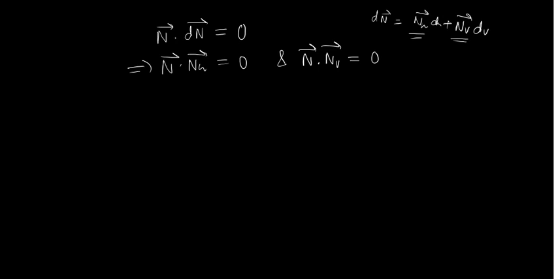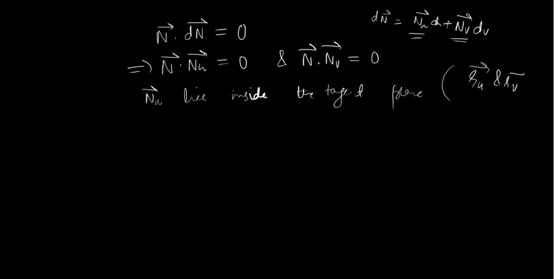Now it means that n_u is perpendicular to n, so it lies inside the tangent plane, and any vector inside the tangent plane can be written as a linear combination of Ru and Rv.